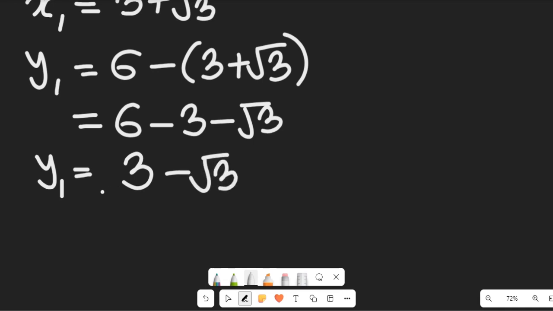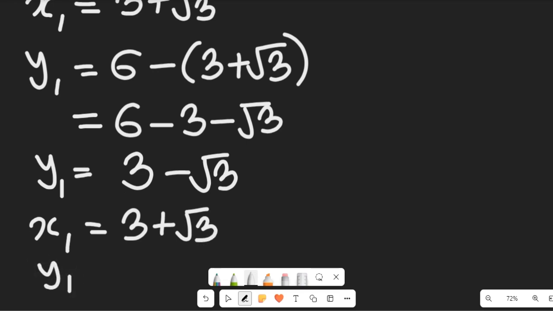So since our x1 is equal to 3 plus root 3, the value of our y1 will be equal to 3 minus root 3.